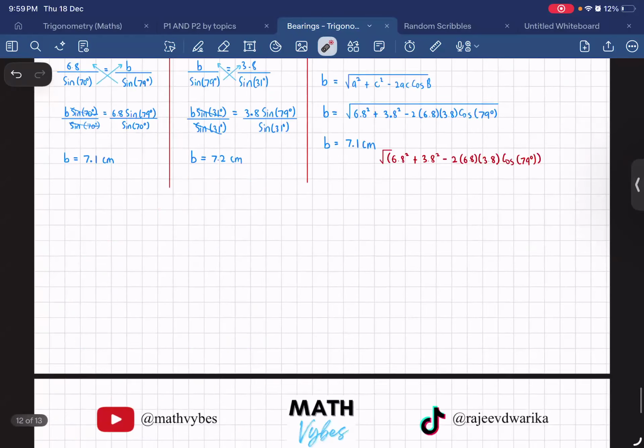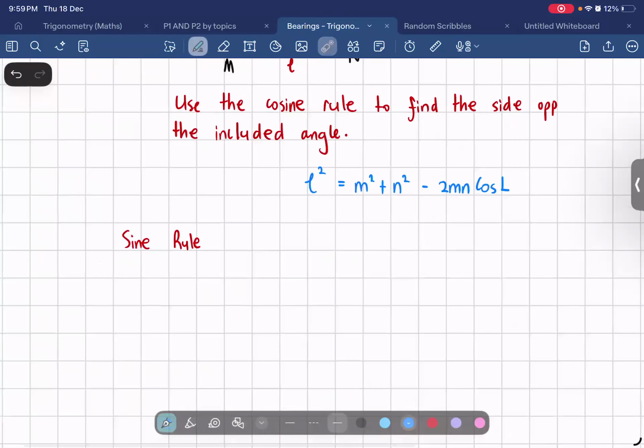Yeah. So I want to make a statement. The sine rule is not picky like the cosine rule. You see how the cosine rule needs an included angle? The sine rule does not need an included angle.